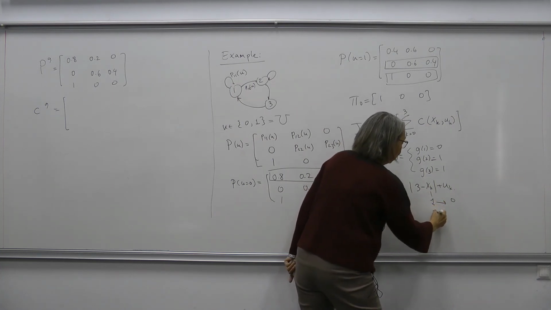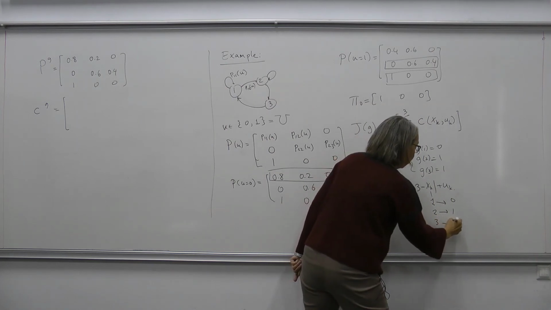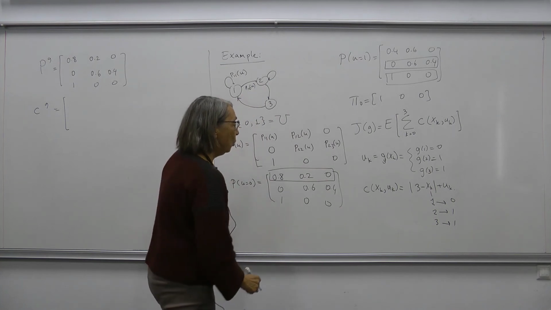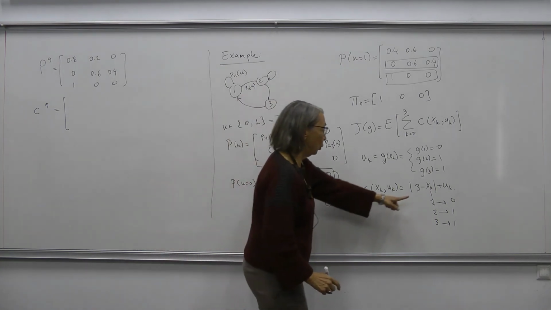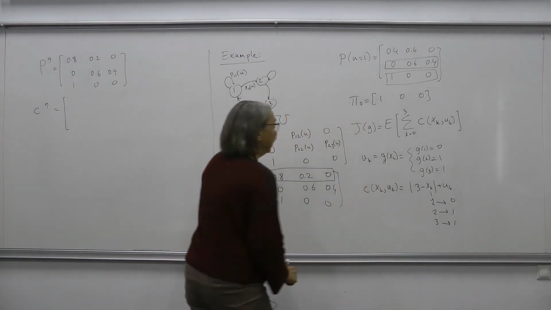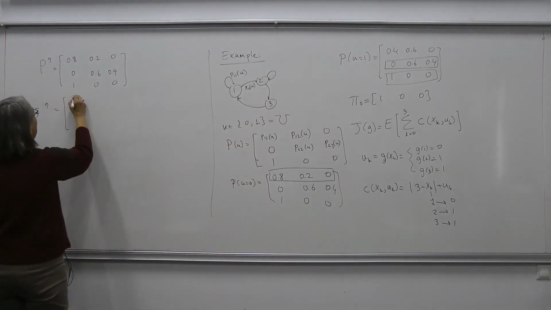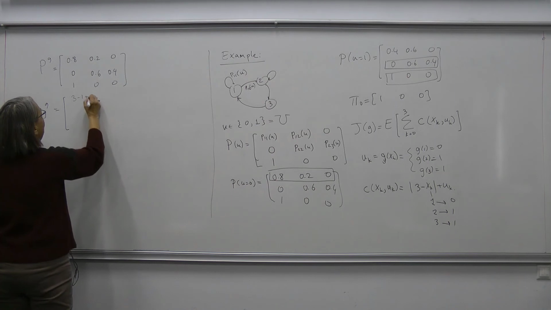If the state is equal to 2, the corresponding U is 1. If the state is equal to 3, then the corresponding U is again 1. That is our rule. So when we calculate the incremental cost, when state is equal to 1, it will be equal to 3 minus 1 plus 0.